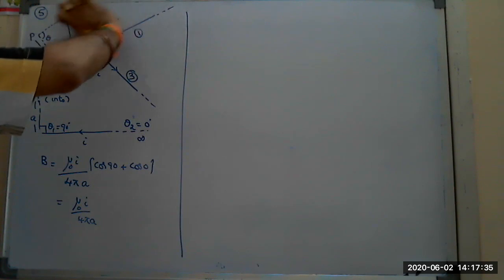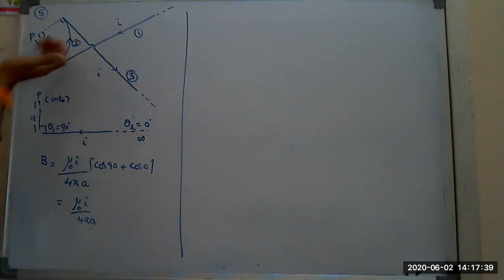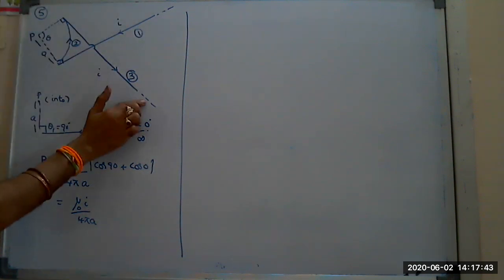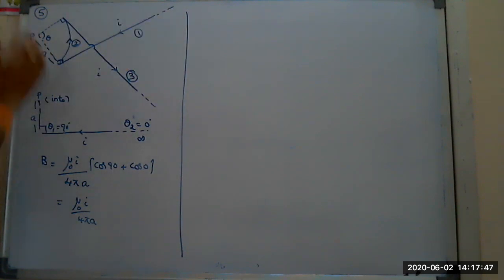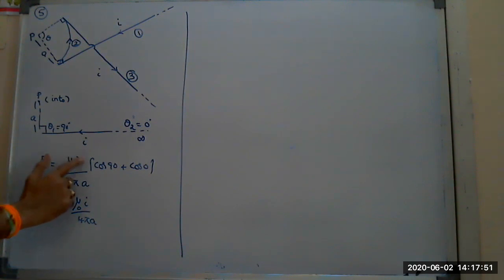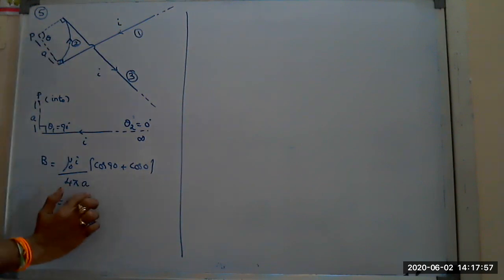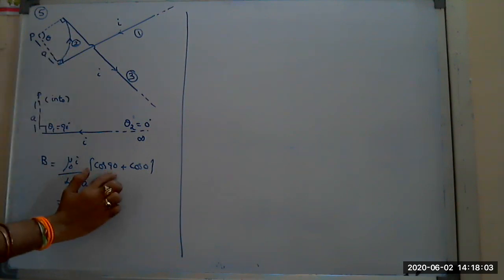Here, luckily, these two wires are giving the magnetic field into the page. The third part is giving the magnetic field into, and the first part is also giving the magnetic field into. That's why I wrote here into. And B is equal to mu naught I by 4 pi r, our formula. That perpendicular distance I'm taking as A. 4 pi A into cos theta 1 is 90, since one end is making an angle of exactly 90 degrees, cos 90.